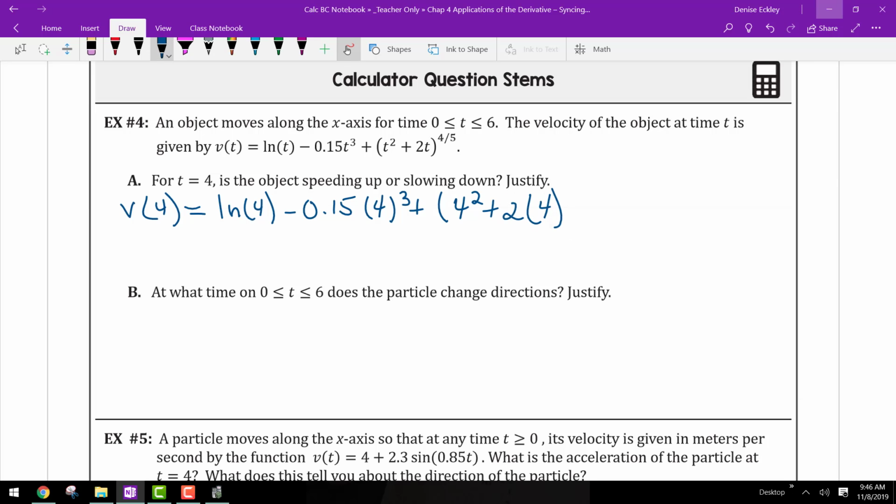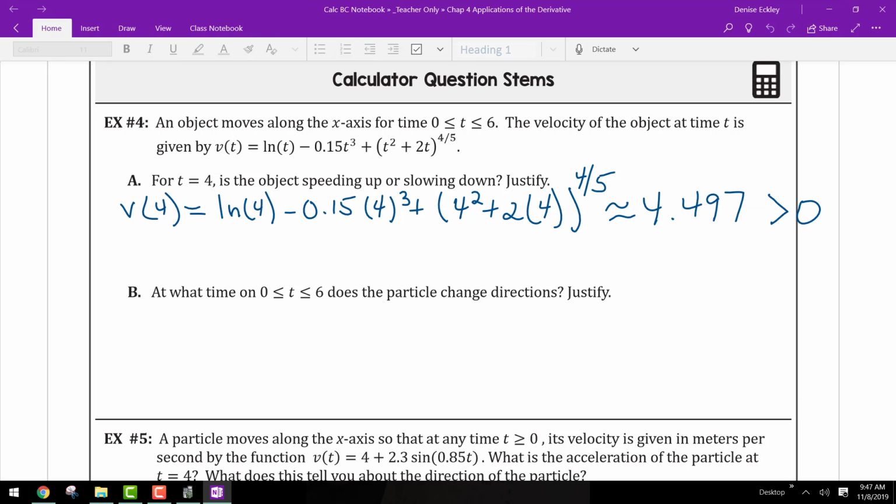A lot of 4's here. Okay, and that's going to be approximately equal to 4.497. So that's our velocity at t equals 4. Now we want to find the acceleration.